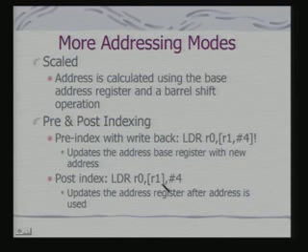That means we use R1 for referring to the memory, and after we have accessed the memory, we modify R1 and load the modified value of R1 back to R1. So, this is post indexing.